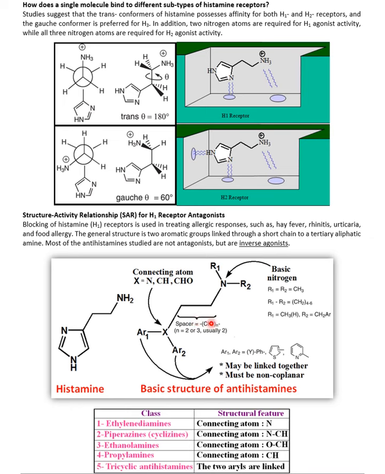As you might remember, we do not have to copy the exact structure of histamine, because what we are trying to produce is an antagonist effect, not an agonist effect, which means that we might have some features similar to histamine, but we are looking for other features to block the receptor and make an antagonist effect.